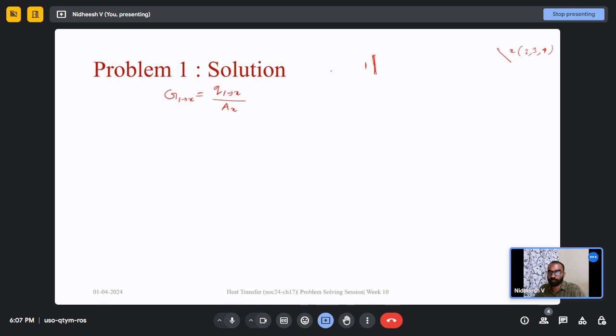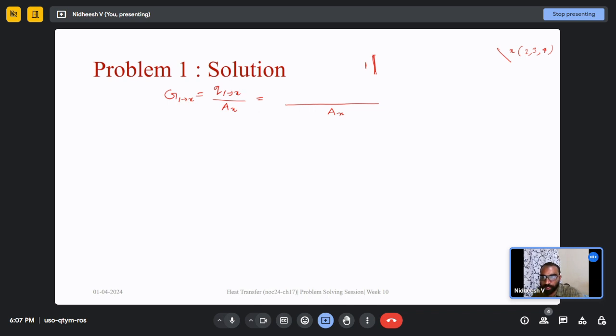Okay, so now we can expand the denominator, area of surface X, and the numerator, that is the heat transfer rate between surfaces 1 and X. It can be related to the intensity of emission, the surface area of the emitter, the angles between these two, and the solid angle between these two. We can use all these quantities to express the heat transfer rate between these two surfaces.